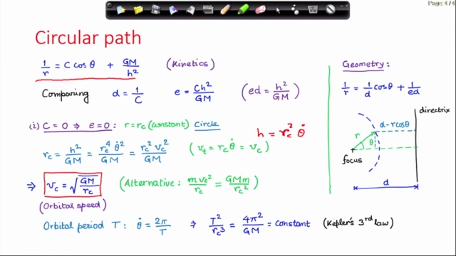So, just by substituting theta dot here, we can find the orbital time period. The orbital time period, capital T, is 2 pi by theta dot, and theta dot can be determined from all these expressions.